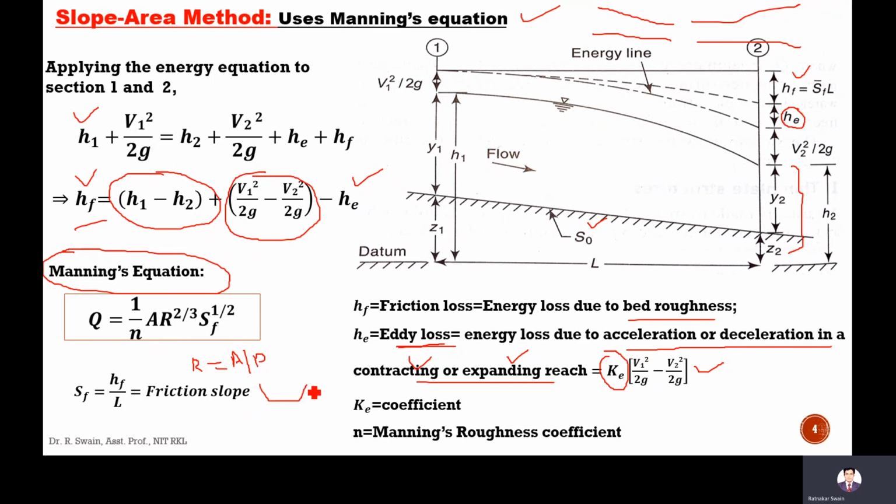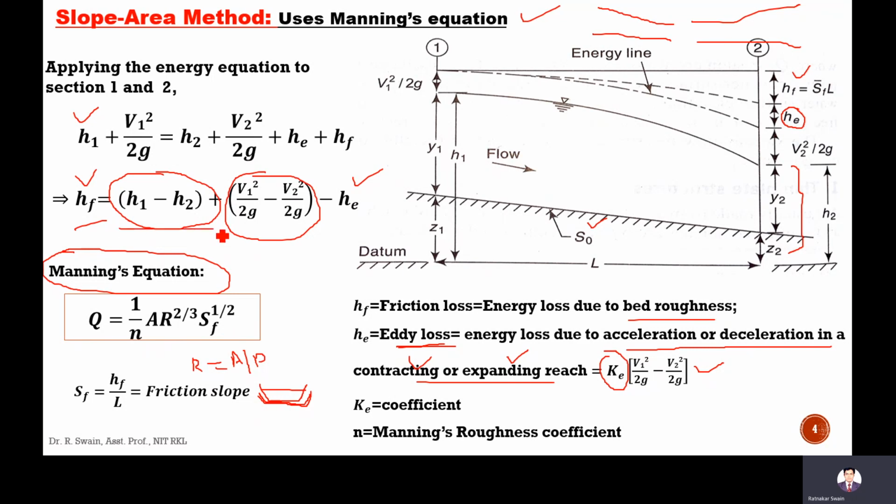Let this be the channel. The wetted perimeter means this length plus this length plus this length. So the hydraulic mean radius is A by P. And SF is called the friction slope.